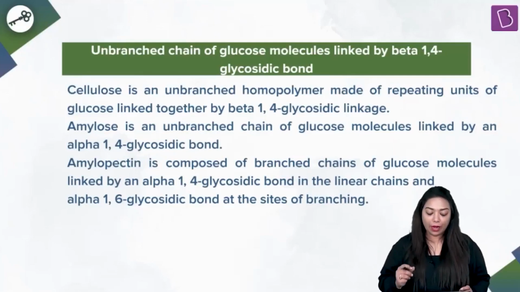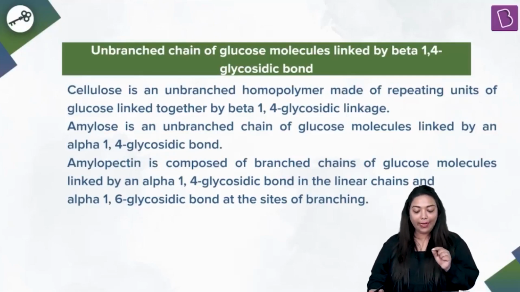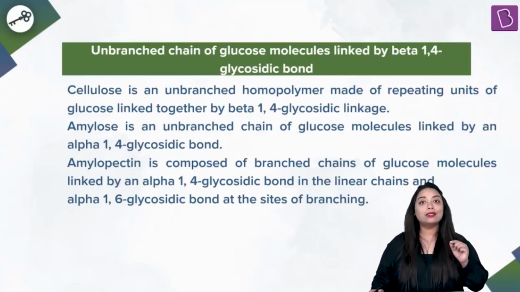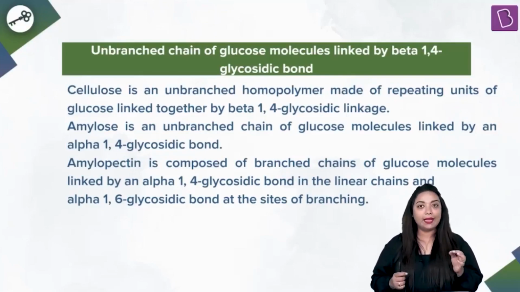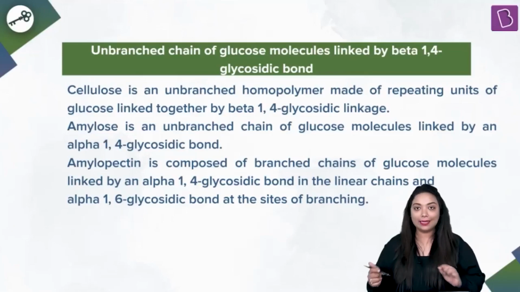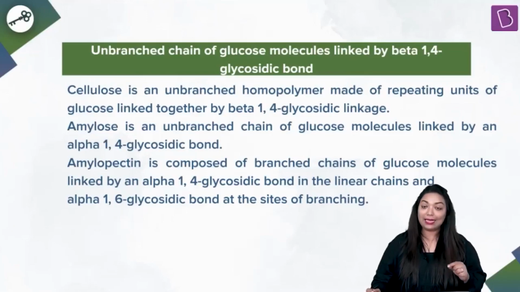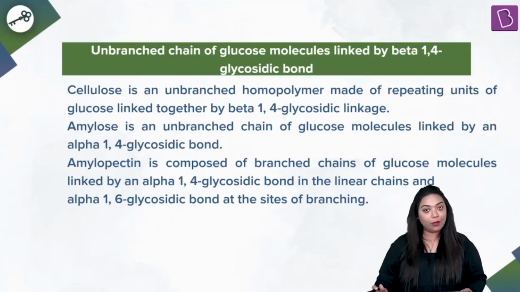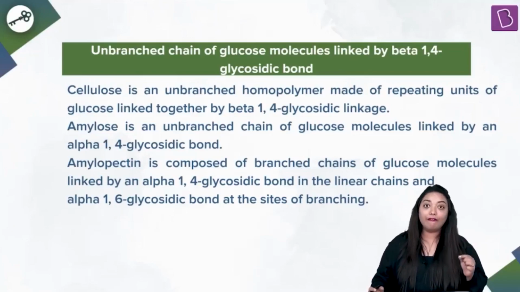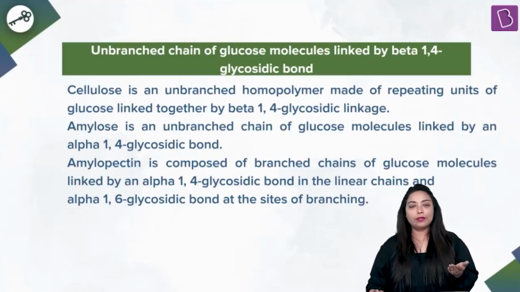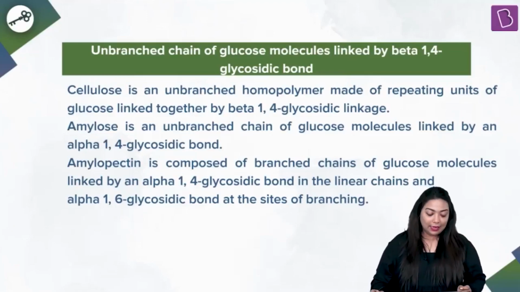Cellulose is an unbranched homopolymer made of repeating units of glucose linked together by beta 1,4 glycosidic linkage. Amylose is an unbranched chain of glucose molecules linked by an alpha 1,4 glycosidic bond. So alpha, where was the OH? Down.